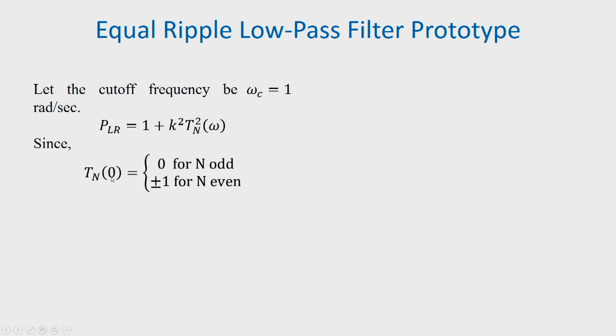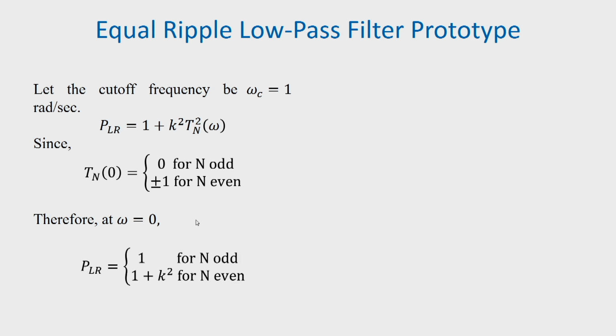Now, since T n 0 is 0 for n odd and it is having a value of plus or minus 1 for n even, therefore, at omega equal to 0, we can write PLR is equal to 1 for n odd and 1 plus k square for n even.